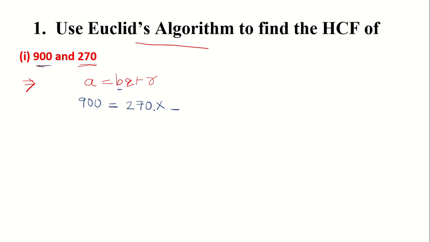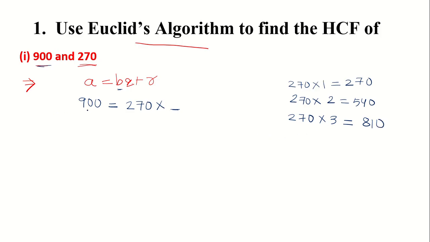Now the quotient is the number with which we multiply to get this A. So take the 270 table and see whether we get 900 or not. 270 into 1 is 270. 270 into 2 is 540, right? Next, 270 into 3 is 810.